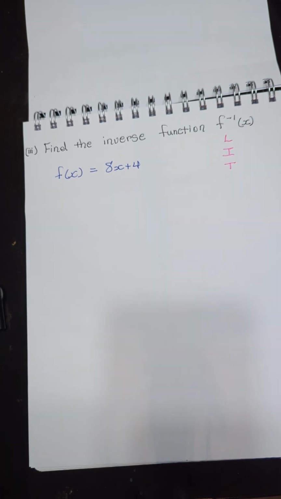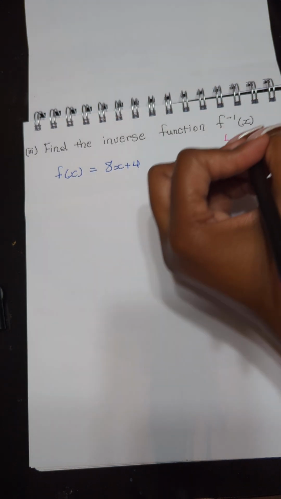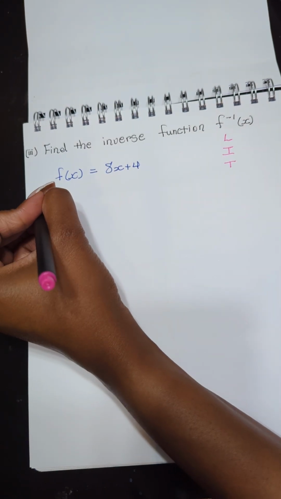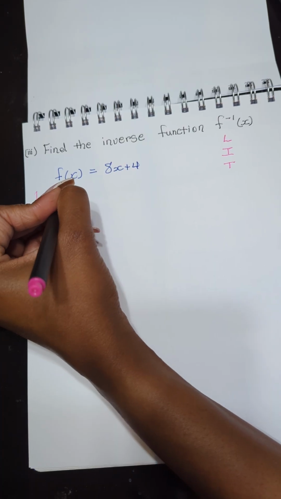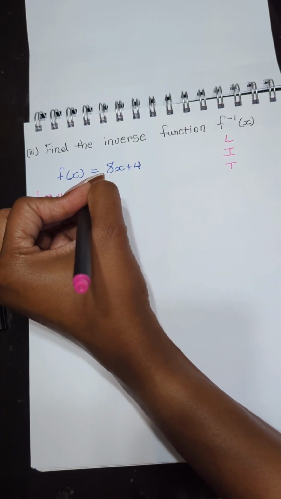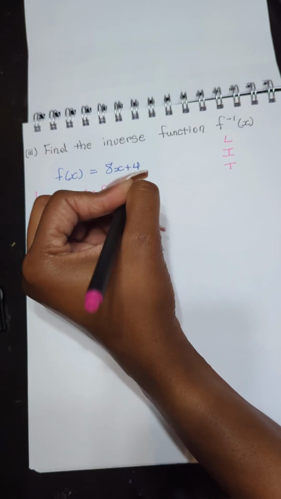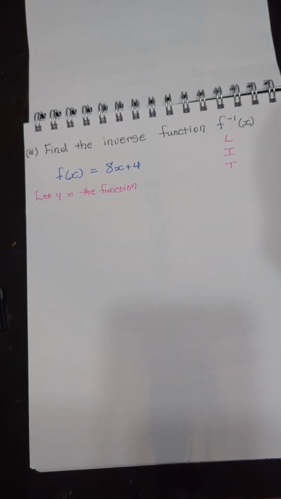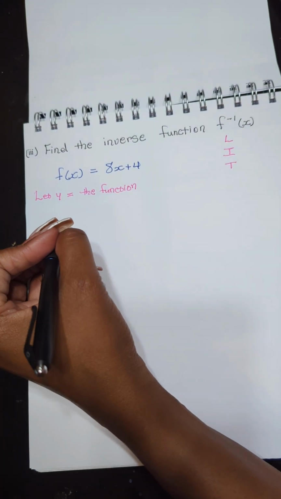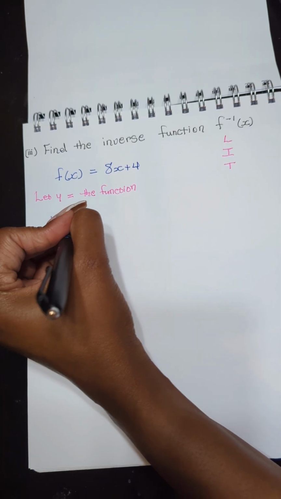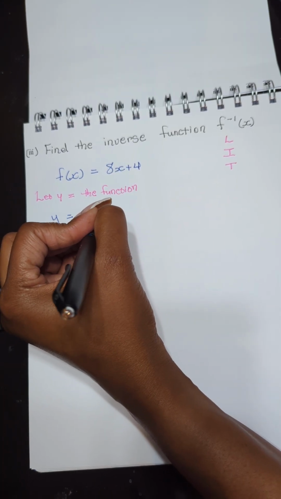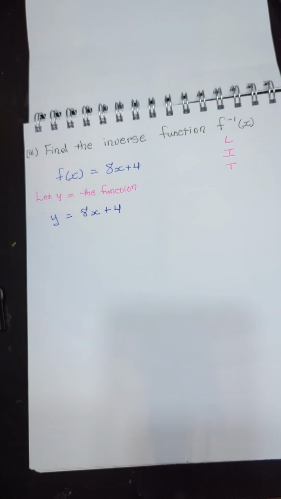L-I-T. Okay. We're not talking about a party here. So L is going to be let y equal the function. Let y equal the function. So we have here y is equal to 8x plus 4.